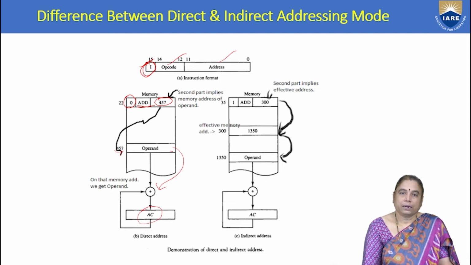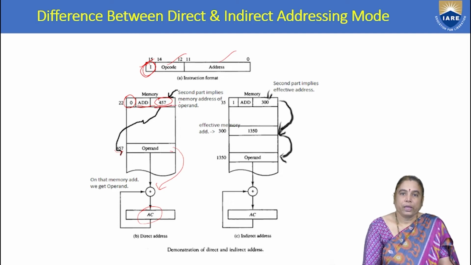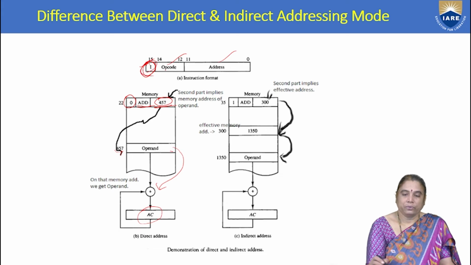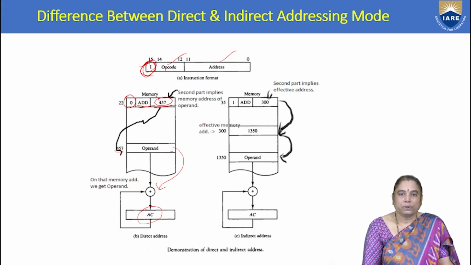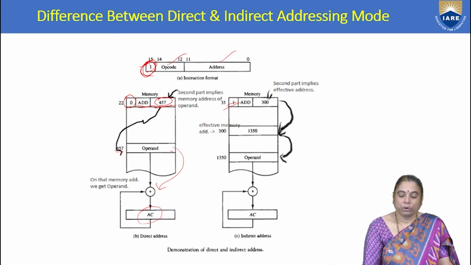In direct addressing, the address specified in the instruction itself acts as the effective address. In case of indirect addressing mode, when the instruction format I value is equal to 1, it is referred to as indirect addressing mode. So in the indirect addressing mode, we have add and the address specified in the instruction.